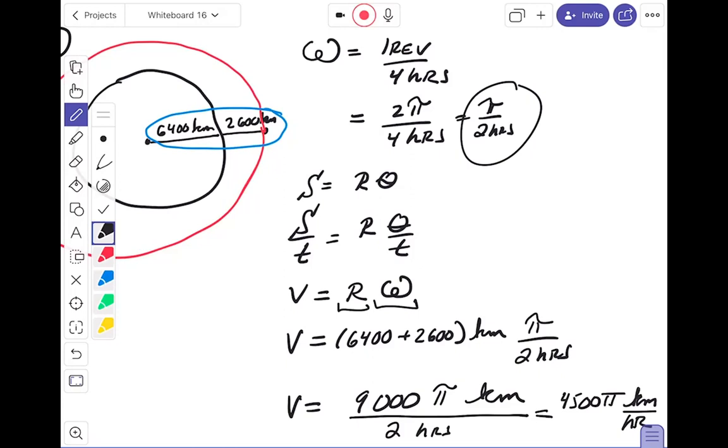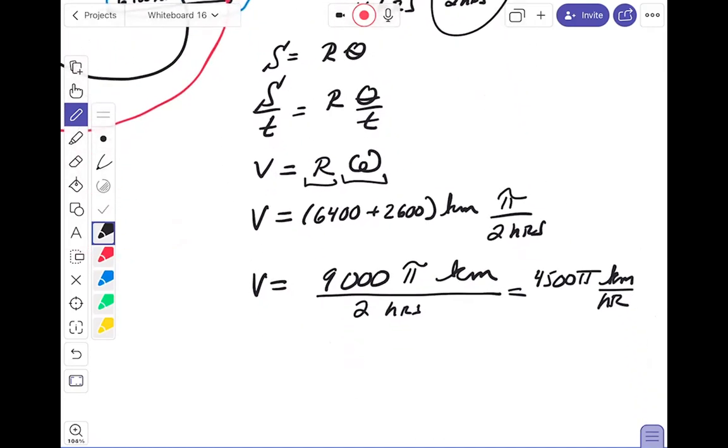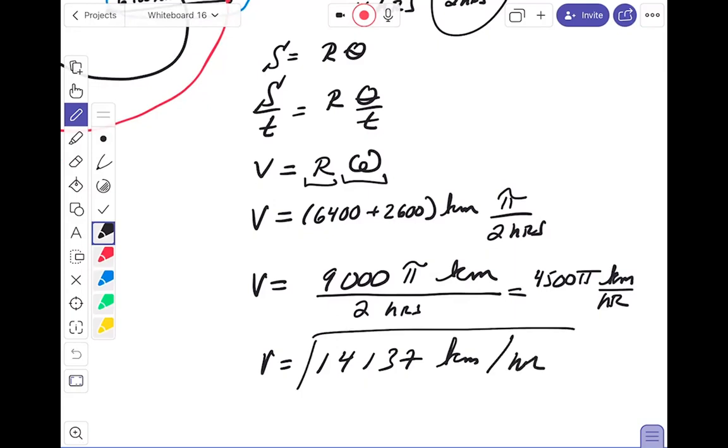Well, I'm just going to round to the nearest whole number because that's what they said to do. V is 14137 kilometers per hour. I think you probably realize at this point that's a very fast satellite, and satellites really do whiz by. Let's look at the answer key and see if they've got that, and they do. All right, let's go to number 8 now.